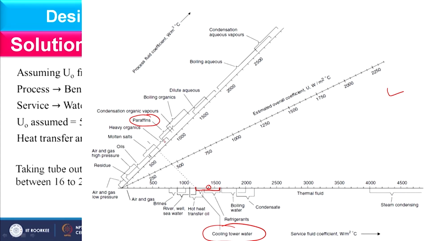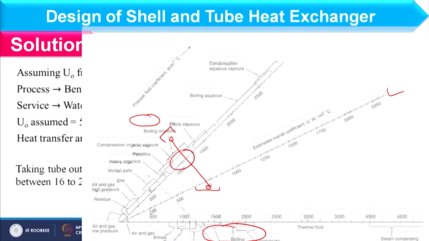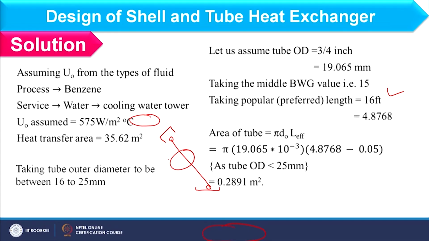So we are considering paraffin over here, so the complete range is this. You can consider the middle point over here, and then you can join these 2 points with a straight line. So the value will come around 575, so that you can take as initial guess. So the value of overall heat transfer coefficient you can obtain as 575 as initial guess.